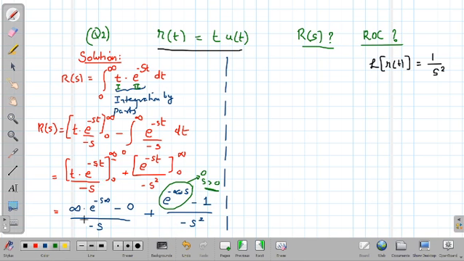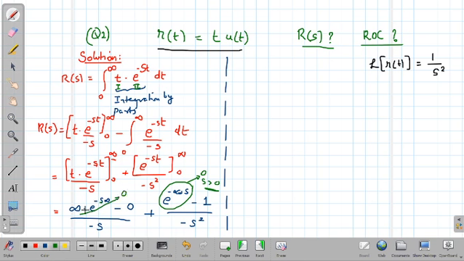Now let's come to the first term. This is something critical to understand. Here you have infinity times e^(-s infinity). What is this value? This is not infinity, but rather the whole term becomes 0.